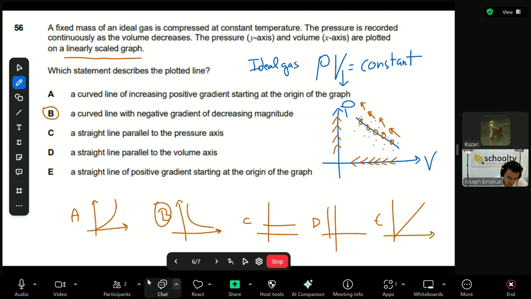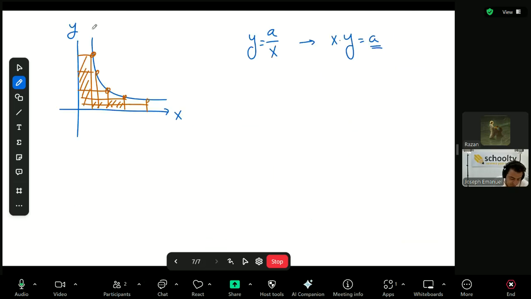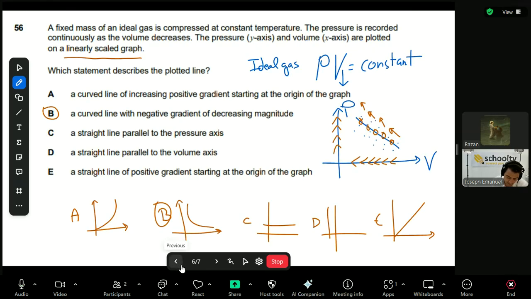So it's B. As I explained mathematically, if you want a constant multiplication, it should look like this. P equals a constant divided by V, and the shape should be something like this. But what I don't understand is this one, plotted on a linear scaled graph.